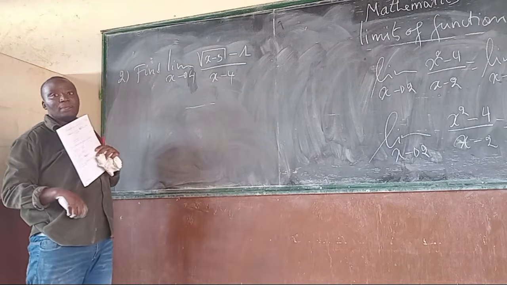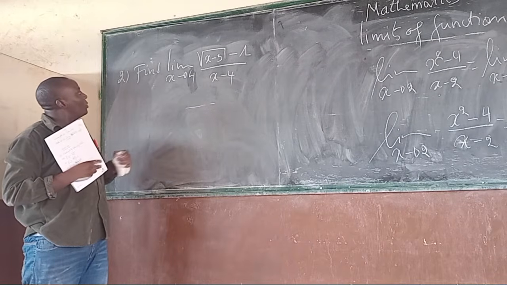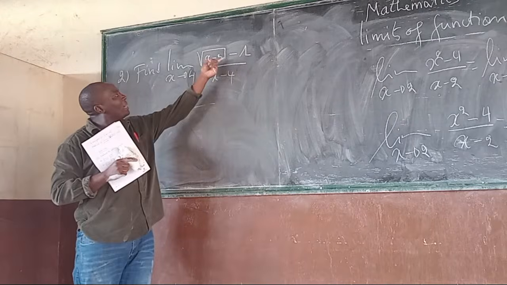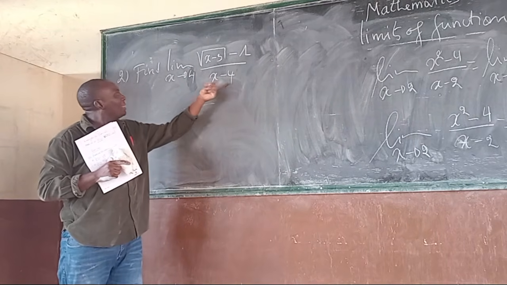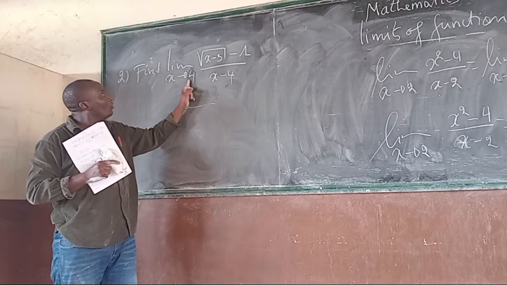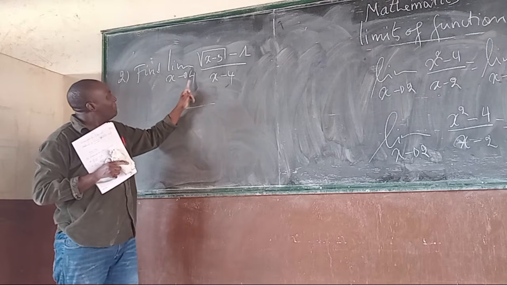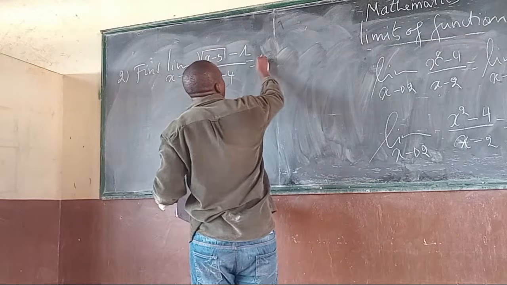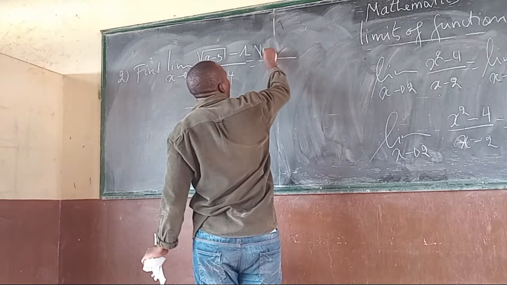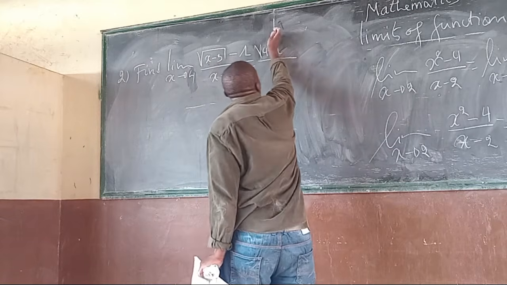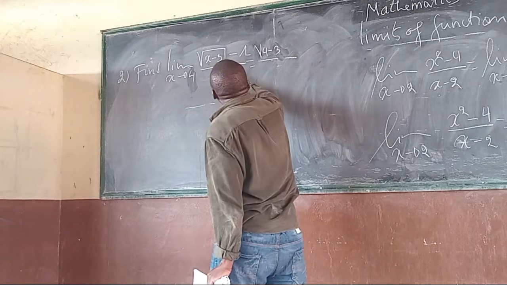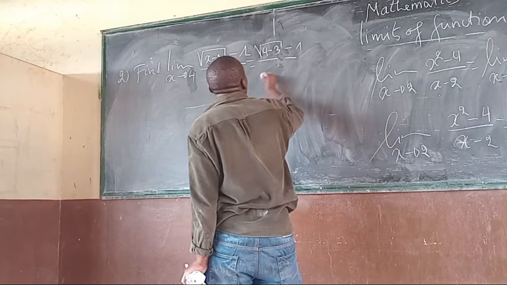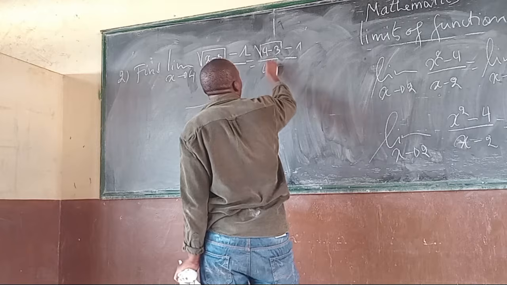Teachers, see me clearly. We are asked to deal with this one. What is the value of my given function where x equals 4? Directly replace where there is x by 4. You get square root of 4 - 1, square root of 4 - 3, I replace where there is x by 4 here, then over 4 - 4.